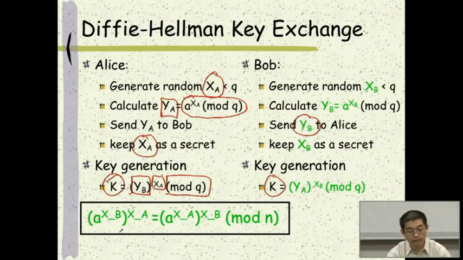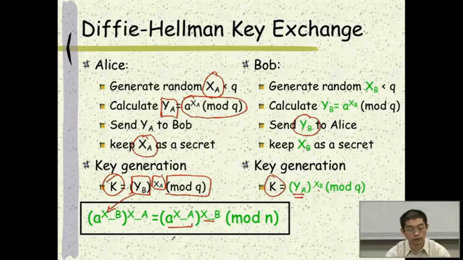From Alice's side, what she calculated is a to the power x sub b, which is y sub b, raised to the power x sub a. From Bob's side, what he computed is y sub a to the x sub b, where y sub a is actually a to the x sub a, raised to the power x sub b.